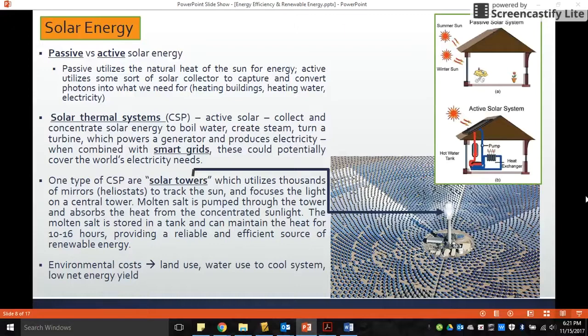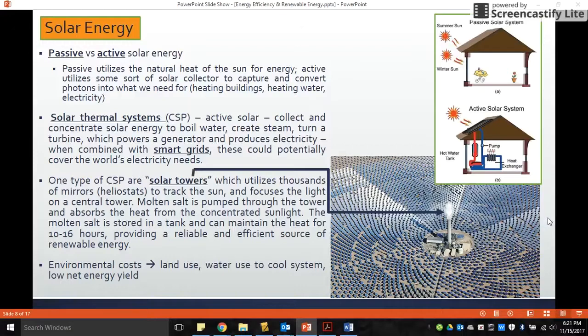So that molten salt moves through here, and then it can be stored in a tank for I think about 16 hours. Yep, here it is, 10 to 16 hours, and then the heat can be utilized to turn your turbine when you need it, so it can be hooked up to that smart grid again. Now, the problem with this is that it does use a lot of land, and you do need water to cool the system.